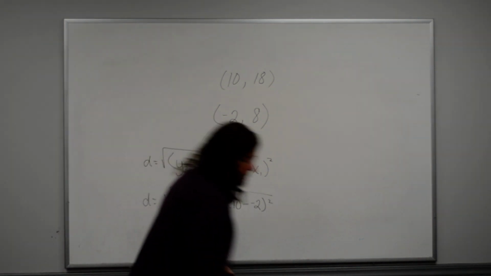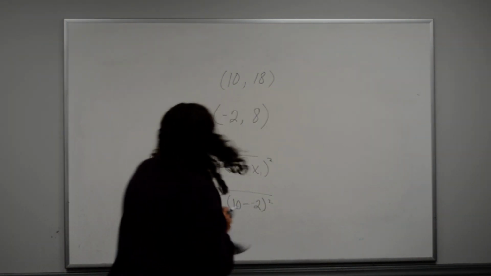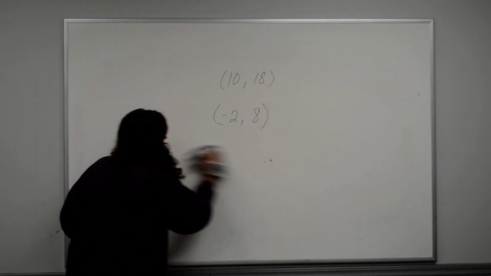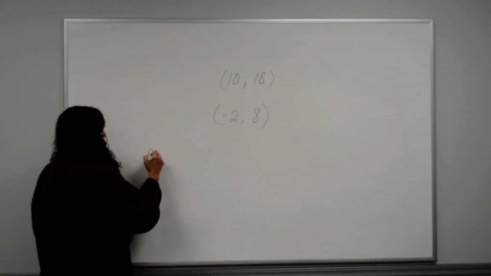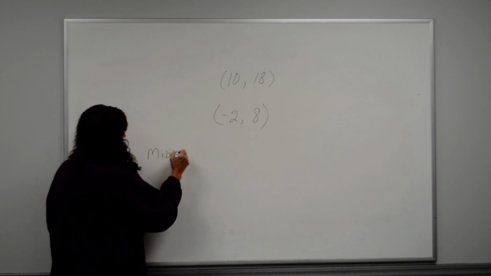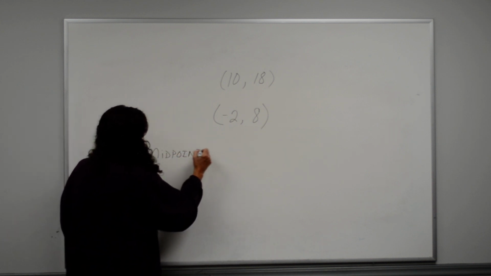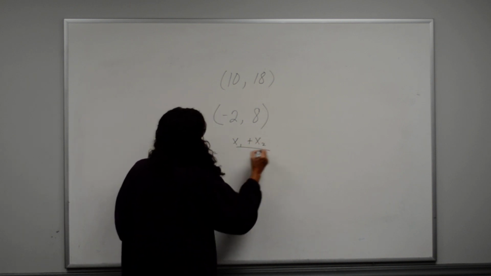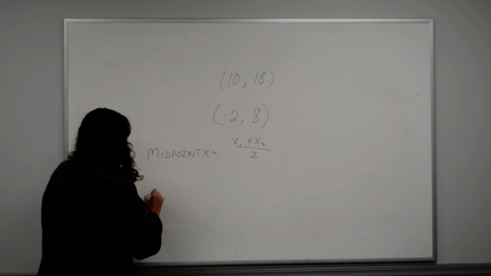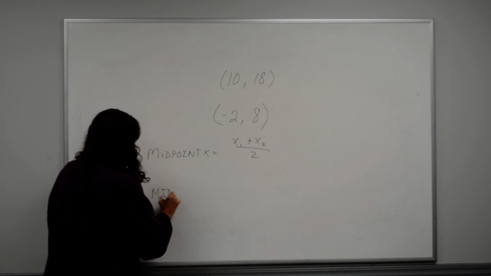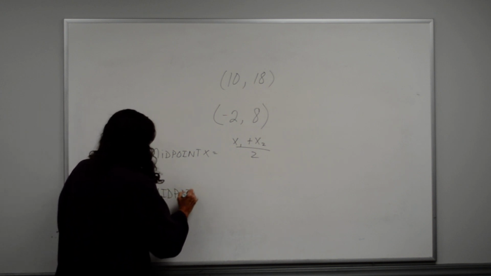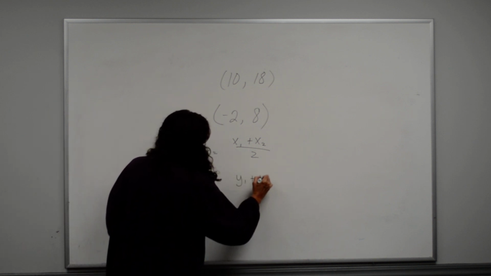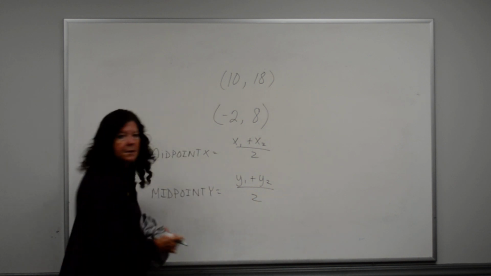Midpoint formula. Remember, the midpoint formula is the average of the x's and the average of the y's. So midpoint x is equal to x sub 1 plus x sub 2 divided by 2. Midpoint y equals y sub 1 plus y sub 2 divided by 2.